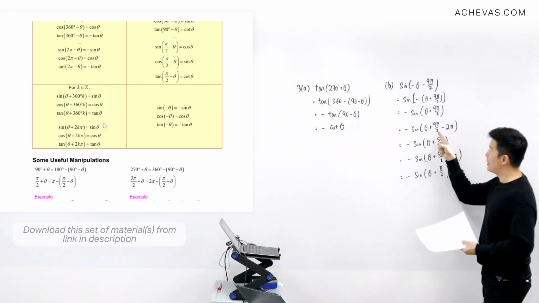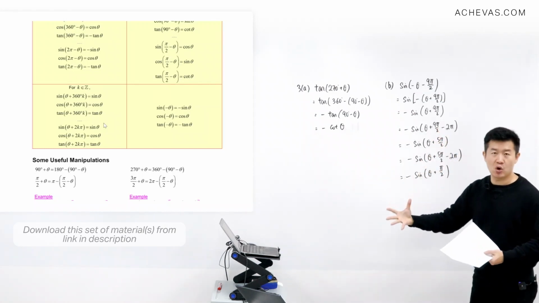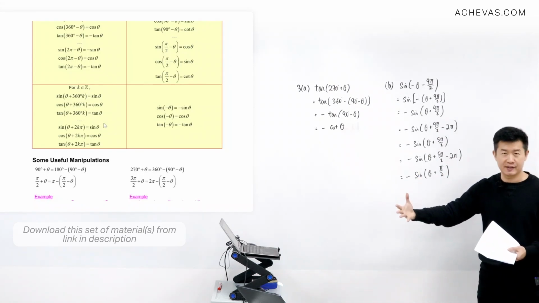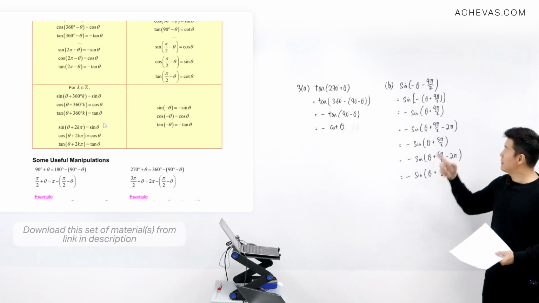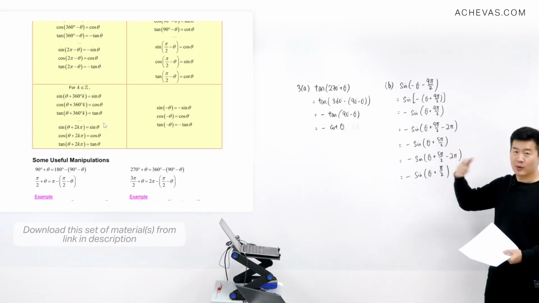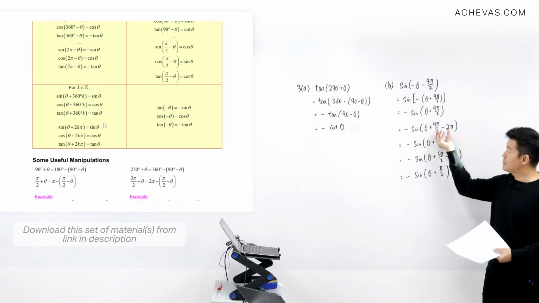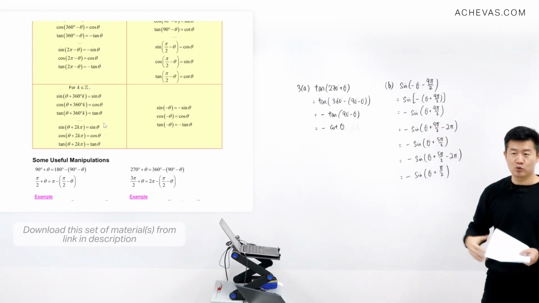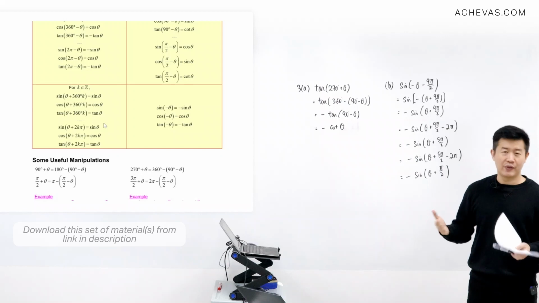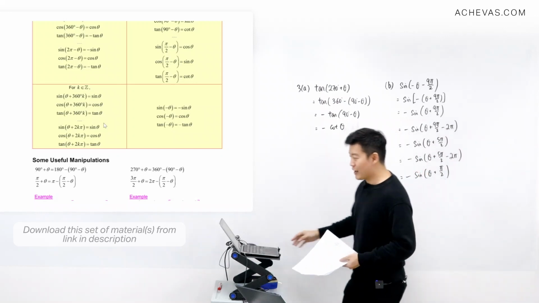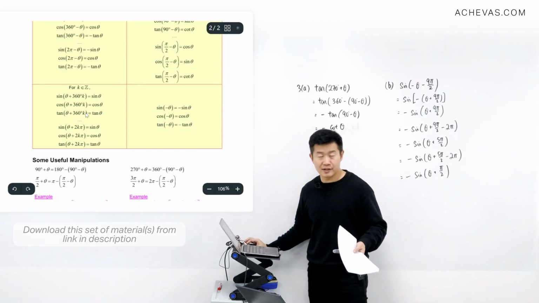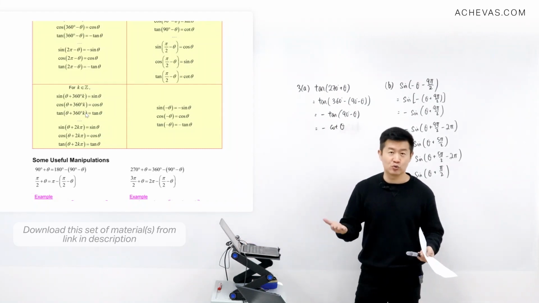Because this 9 pi over 2 is way beyond 2 pi, which is 360 degrees. It is way beyond 360 degrees. So if I can just keep subtracting away 2 pi or 360 degrees, I will be able to reduce the size of this 9 pi over 2 to something that is within 360 degrees, because all angles that we have memorized so far are within 360 degrees or within 0 to 2 pi.